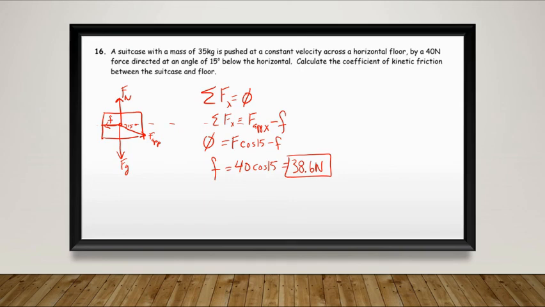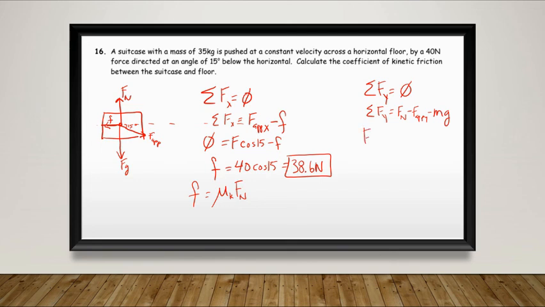Then the next question is, what is our coefficient of friction? Because it's moving, we have kinetic friction. Now, what is our normal force? We have to solve for that because we have something helping along in the y direction. Our sum of forces in the y direction is 0. It's also equal to our normal force minus our force applied in the y direction minus our mass times gravity.